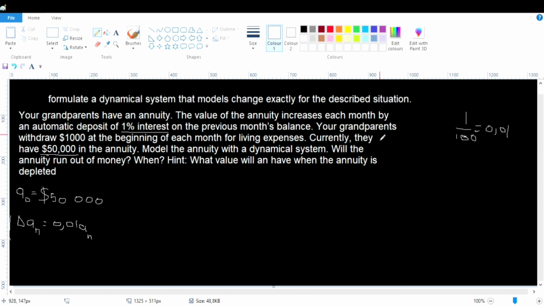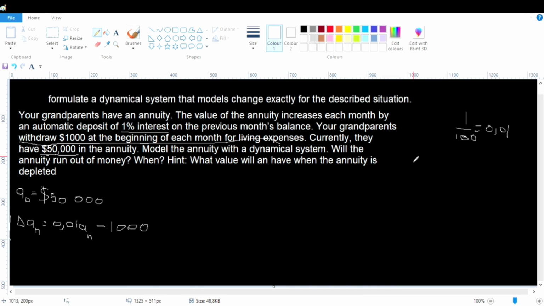Your grandparents withdraw $1,000 at the beginning of each month for living expenses. So yes, we're going to have a minus. I'm just going to ignore the dollar sign and write minus 1,000. So change is equal to some function.